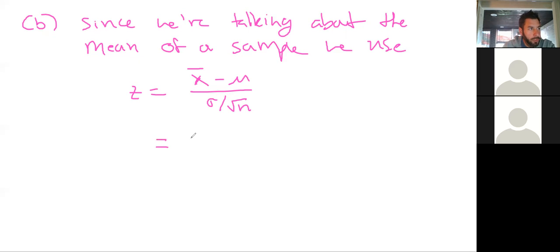So once again, we're interested in 220 minus 215, but now we have to divide by a slightly different number. This becomes 15.